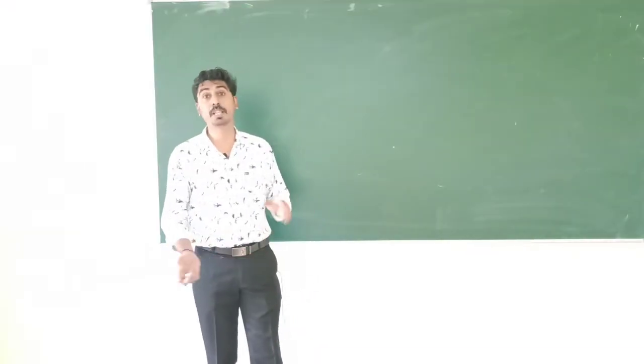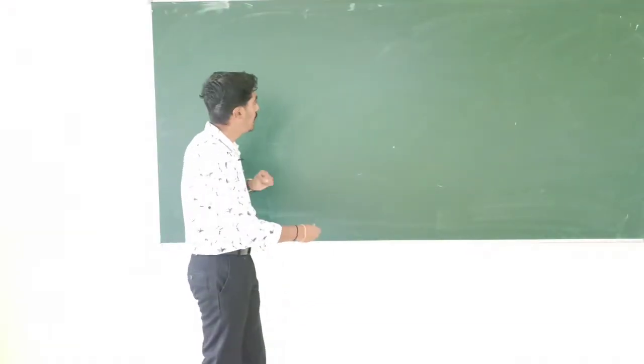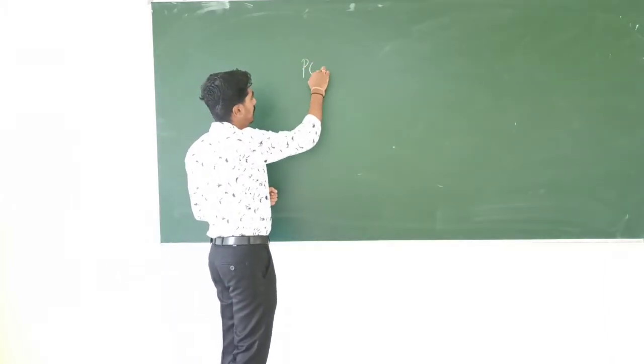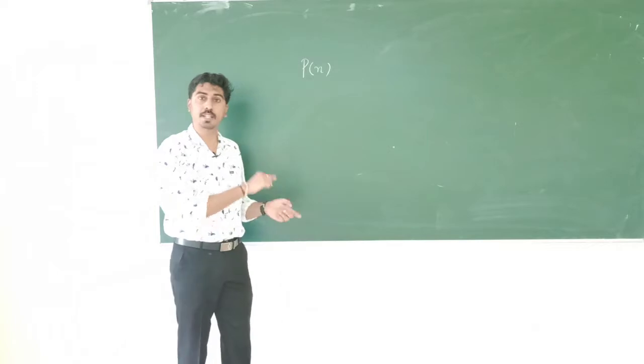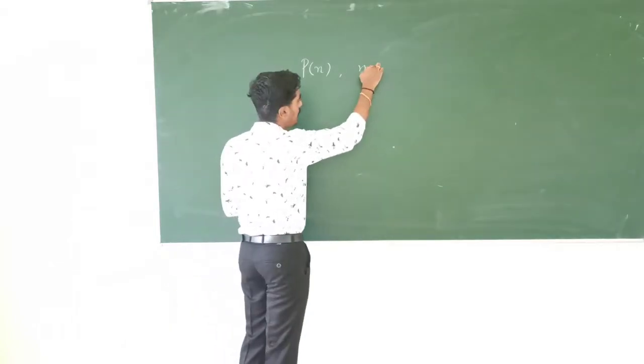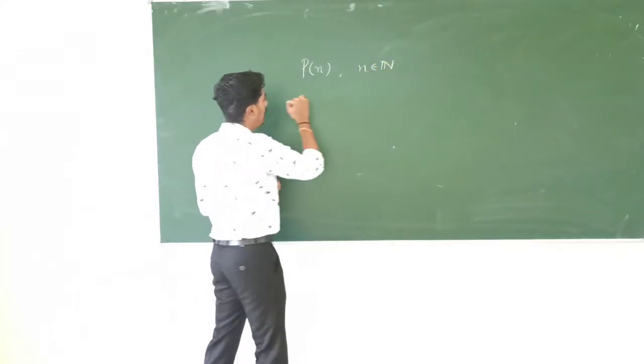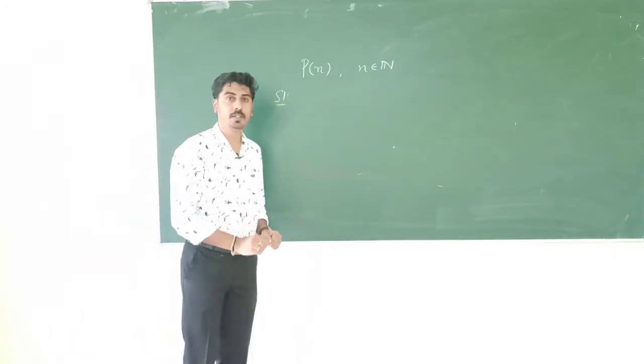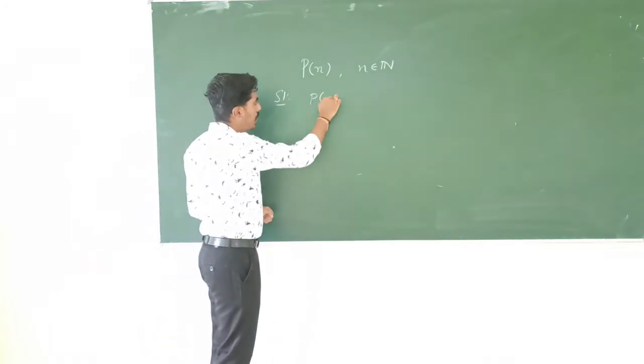Let us see how mathematical induction works. In mathematical induction, we have two steps. To prove that a proposition P(n) is true for all n belonging to N, first, in step 1, I prove that P(1) is true.